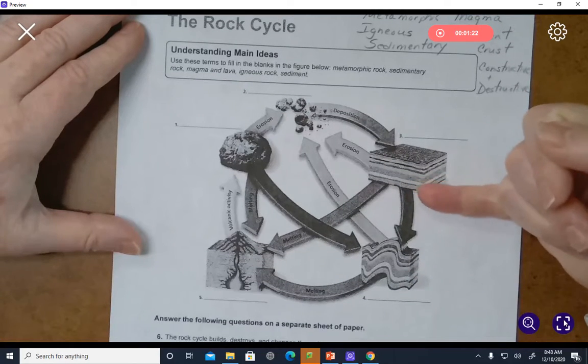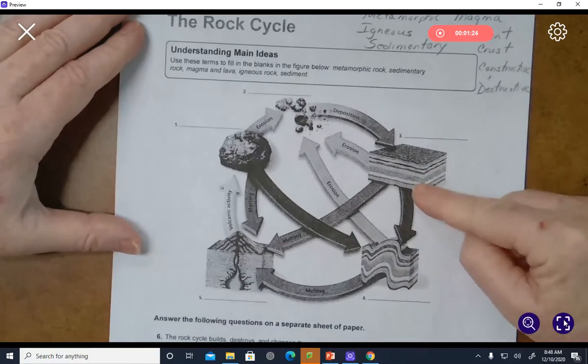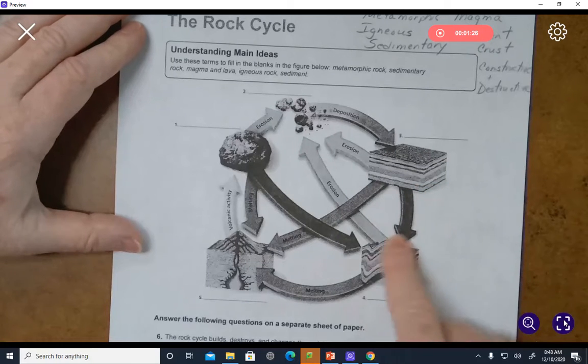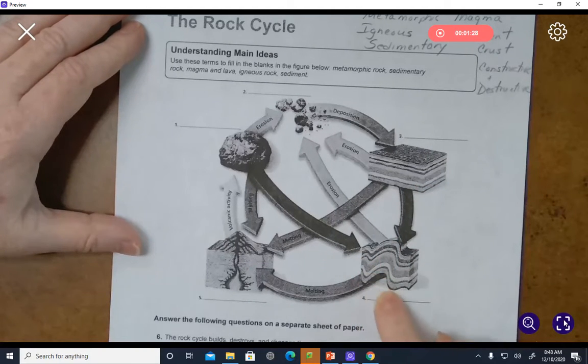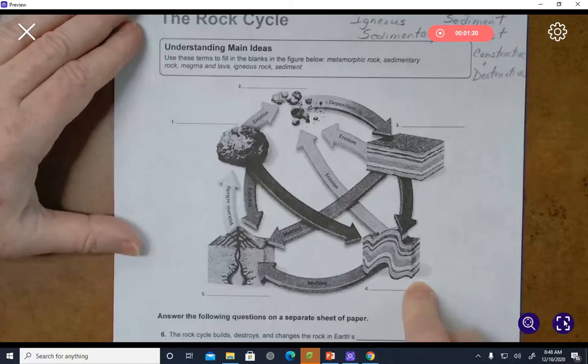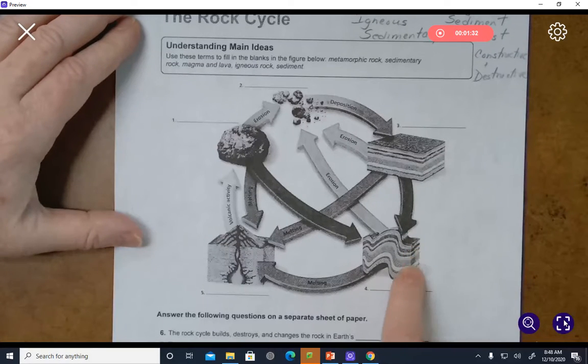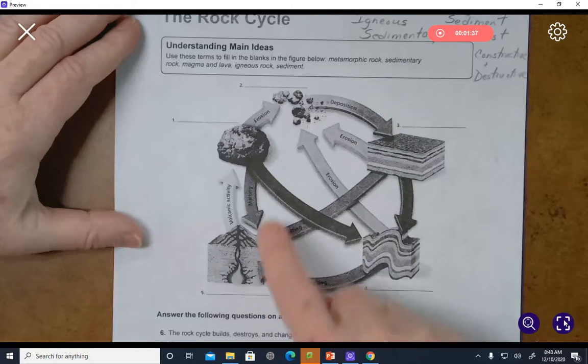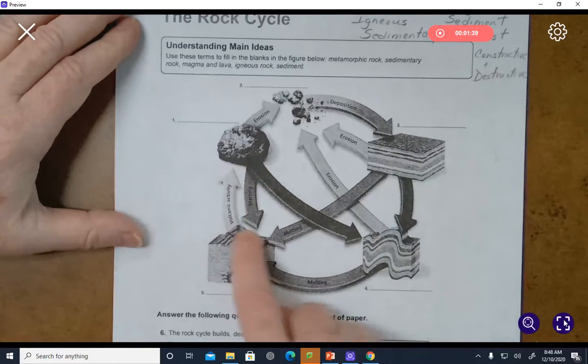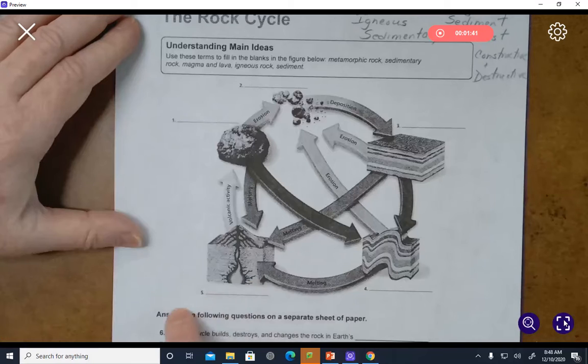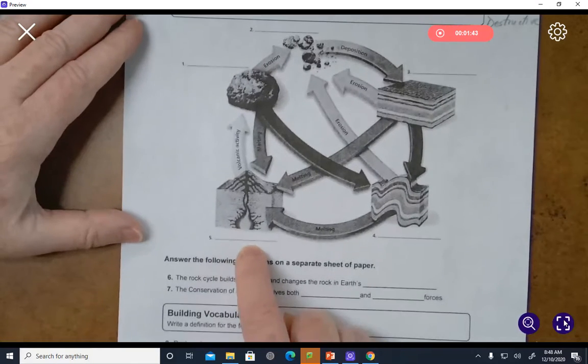It's very difficult to see here, but this is heat and pressure. What type of rock happens after heat and pressure? And then if this rock were to remelt, we would end up back in here. What type of rock would go here?